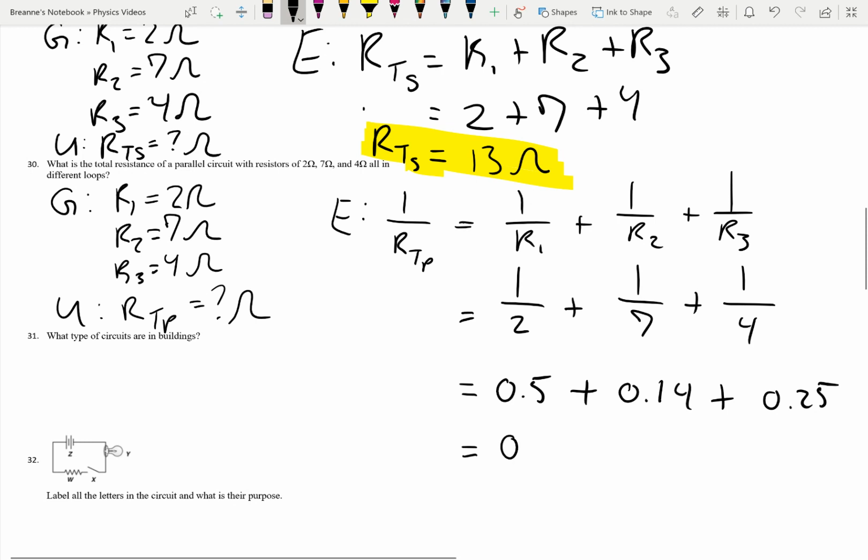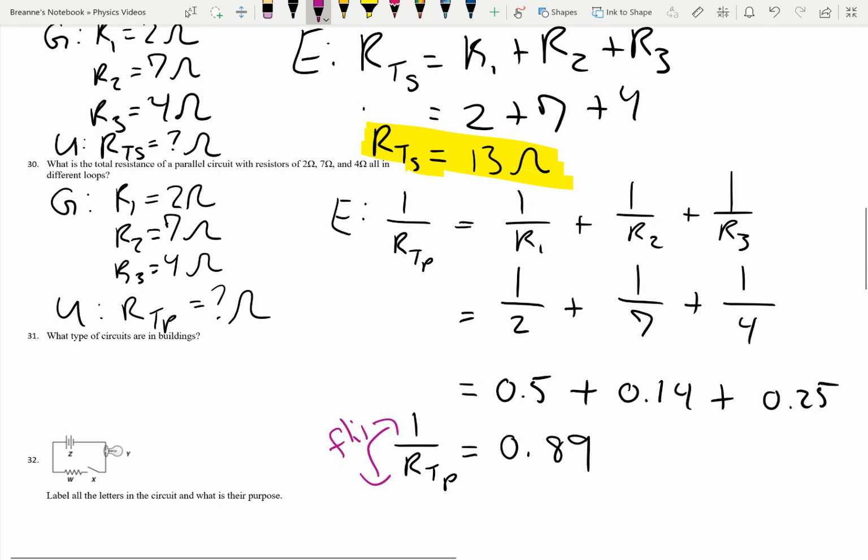And you would get a 0.89. Now that is 1 over your total resistance. We want total resistance, not 1 over total resistance. So we need, just like our Lenz equation, we need to flip.